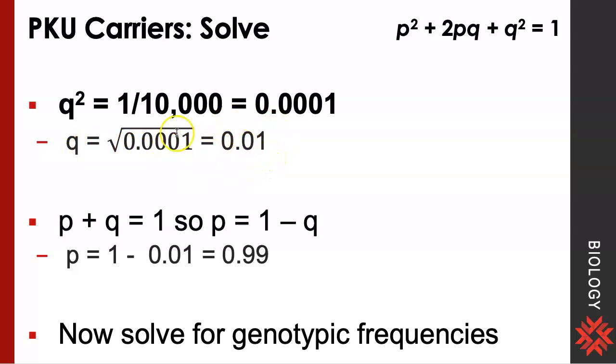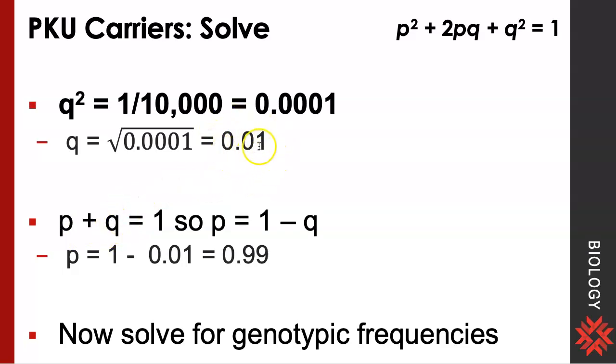Now don't forget what that represents. Q is our allele frequency. So P plus Q, our dominant allele is represented by P. Our recessive allele is represented by Q.